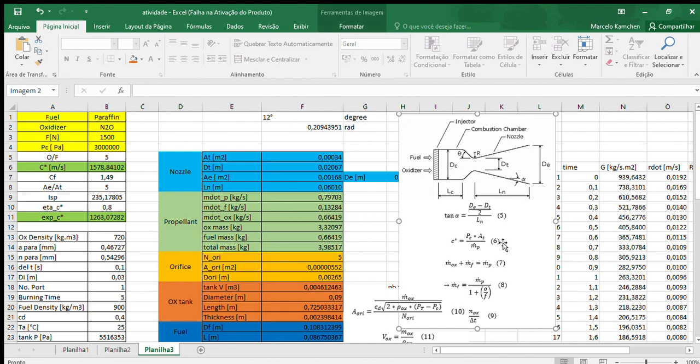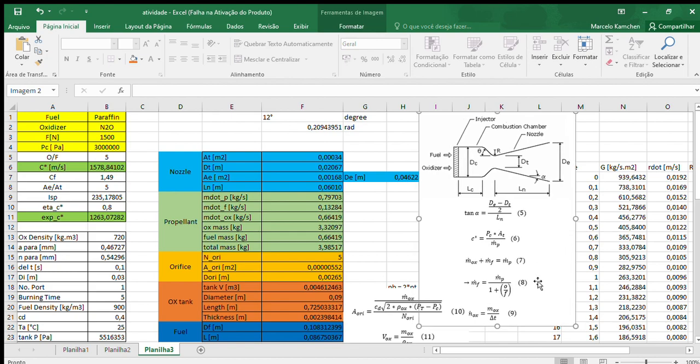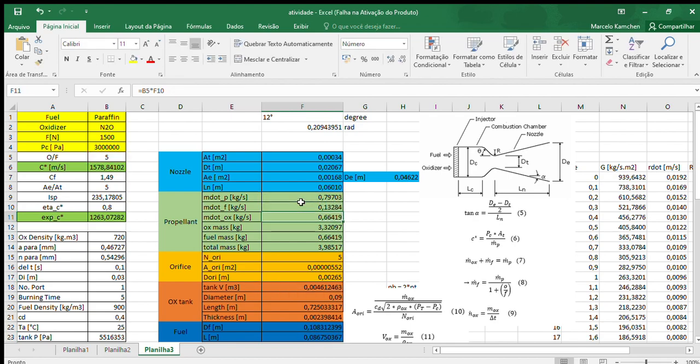And now considering equation 7, knowing that m dot of oxidizer plus the m dot of fuel equals m dot of the propellant, we obtain equation 8 in terms of the OF ratio to calculate the m dot of fuel. Here. Then we reuse equation 7 to find the m dot of the oxidizer.